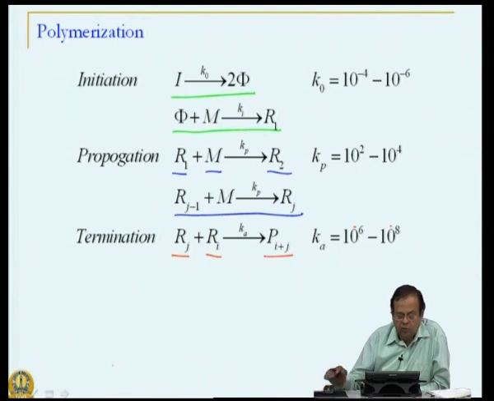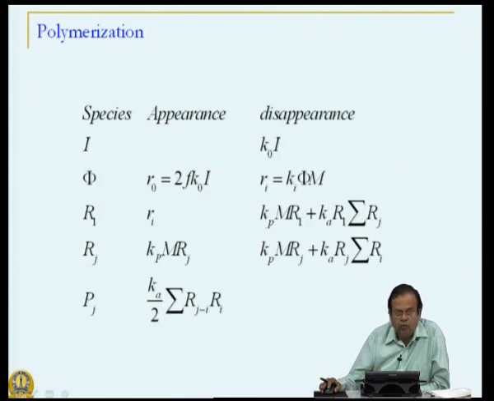Same strategy. We have a mechanism and we are going to invoke the quasi steady state approximation for all these radicals R1, R2, R3, Ri, Rj, Rn. Remember, this is an infinitely long process, and therefore we have a polymer chain distribution and so on. In a simple manner, you can work out these details by yourself.